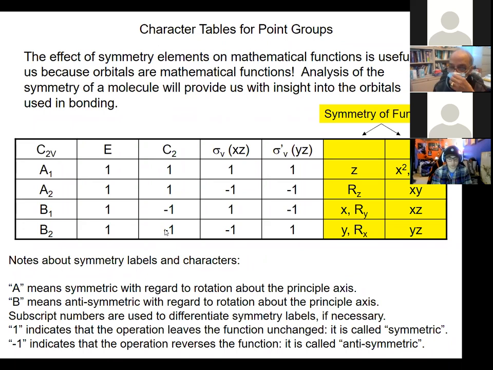So your answer should be, if A is symmetric, then B should be anti-symmetric, so it should be -1. This is how you can predict the character values.